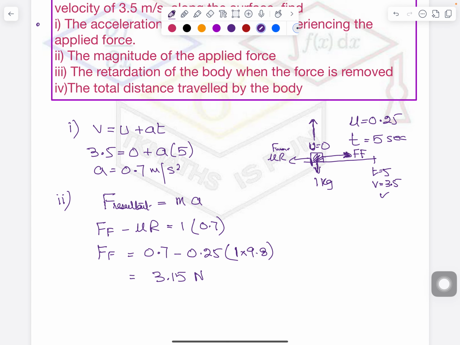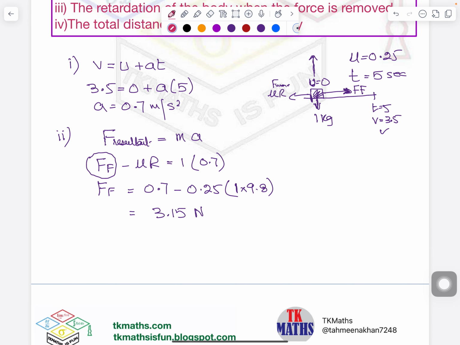The third question is the retardation of the body when the force is removed. Now the situation is the same, but this forward force will become 0. So of course the acceleration will change now, right? What will it be? That we have to calculate. So again I'm writing exactly the same situation, picking it up from here.